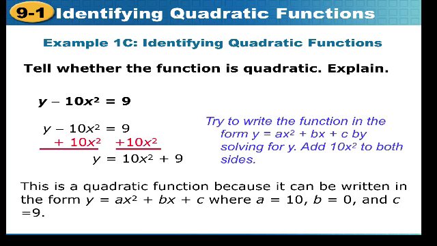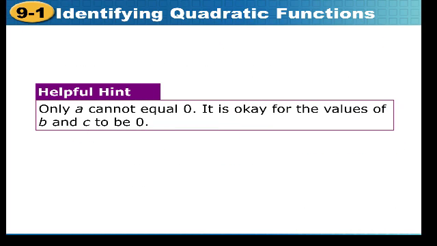This is a quadratic function because it can be written in the form y equals ax squared plus bx plus c, where a equals 10, b equals 0, and c equals 9. Helpful hint: only a cannot equal 0. It is okay for the values of b and c to be 0.